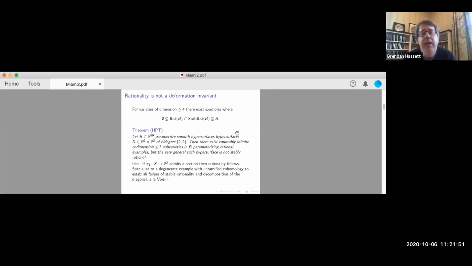In this case, for these hypersurfaces of bidegree 2-2, the Hodge numbers are 3, something large, 3. And so the surfaces that you get are of general type. In this specific case, they are double covers of P2 branched along an octic.